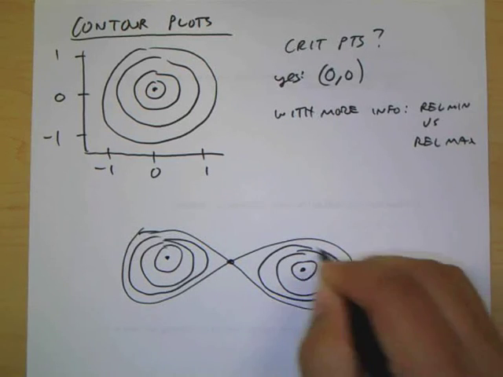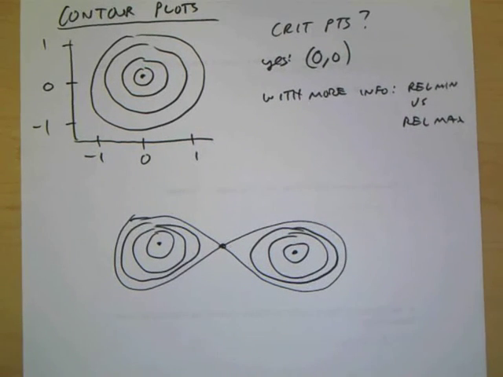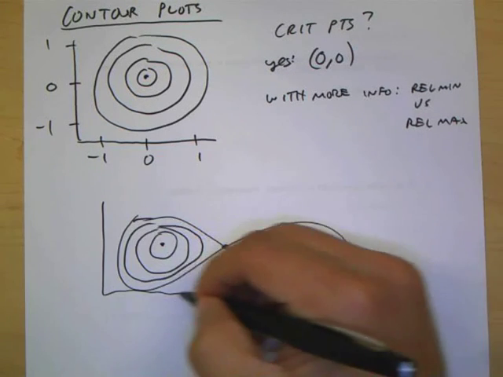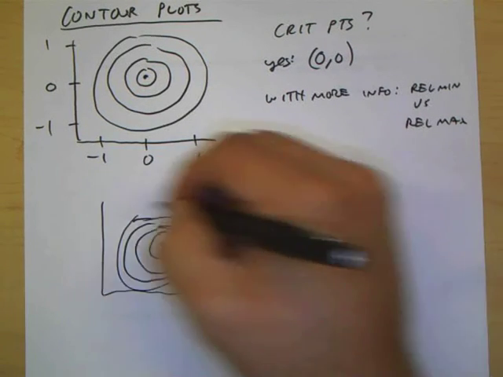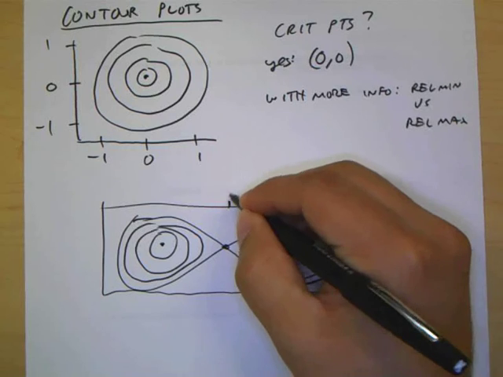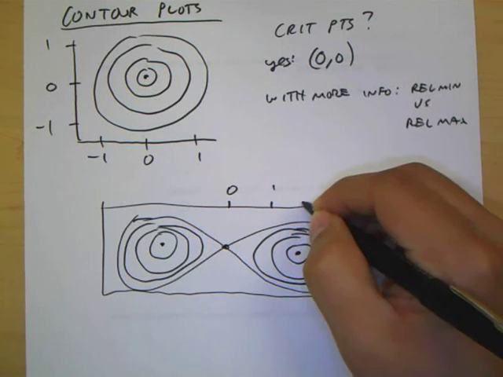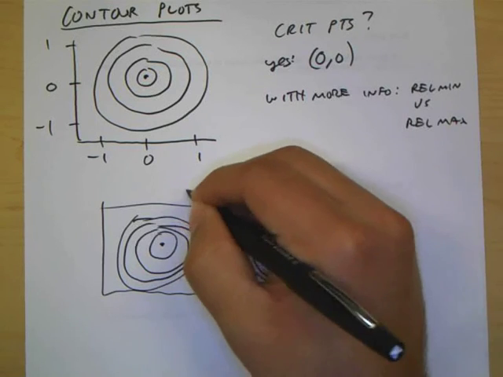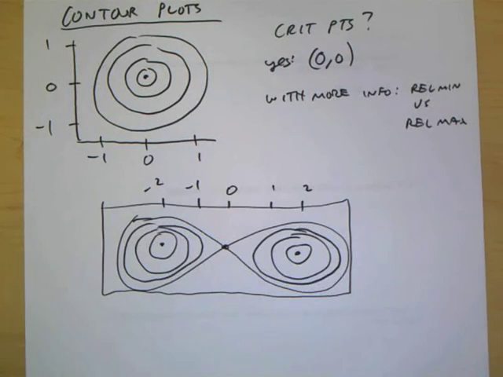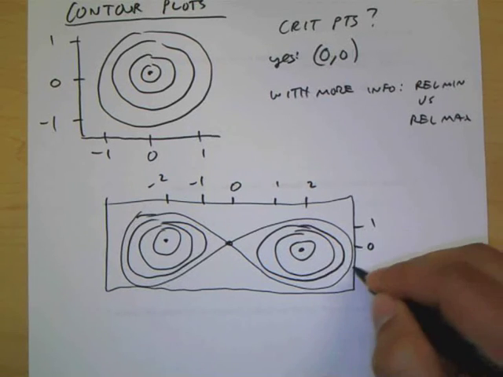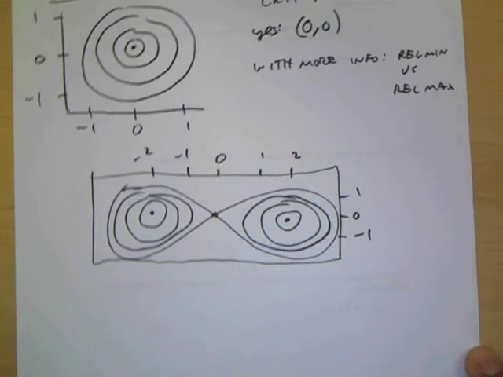This is not the best drawing I've ever done, sorry. And let's say that our view for x and y, we have 0, 1, 2, -1, -2, 0, 1, -1. That should be good enough.